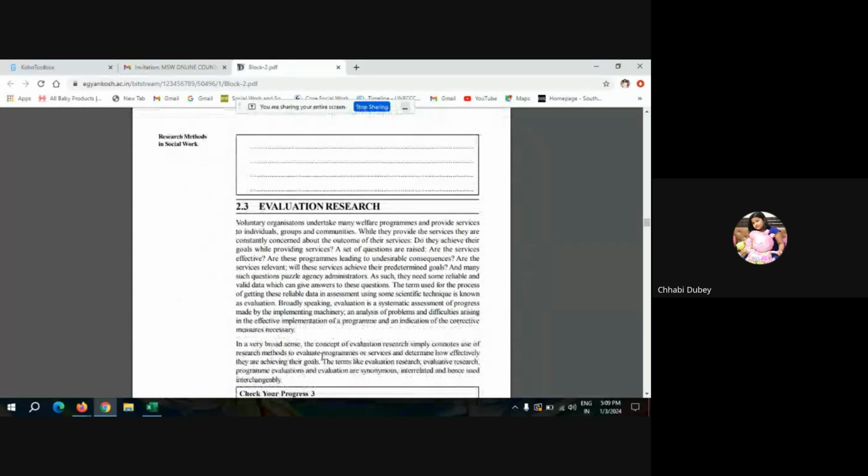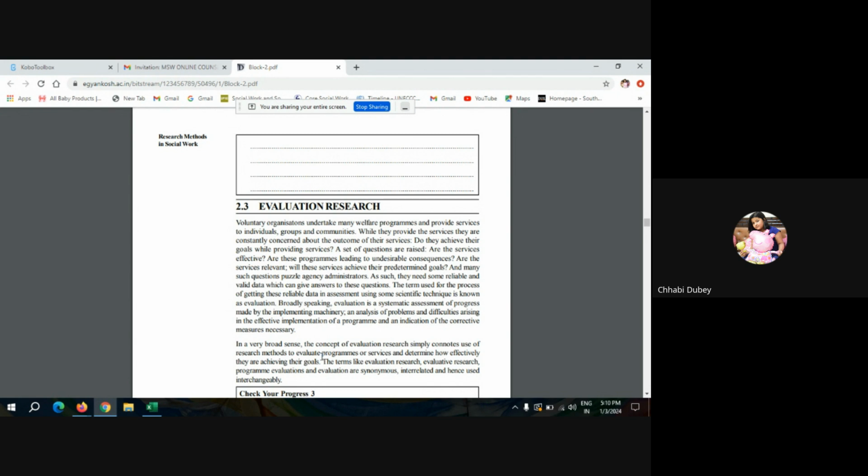Now, after this, we come to the next type of research, which is known as evaluation research. As the name suggests, here we are going to evaluate any kind of program or intervention. There are a lot of welfare programs undertaken by voluntary organizations, NGOs, and other such welfare organizations, where they provide services to individuals, groups, and communities alike.